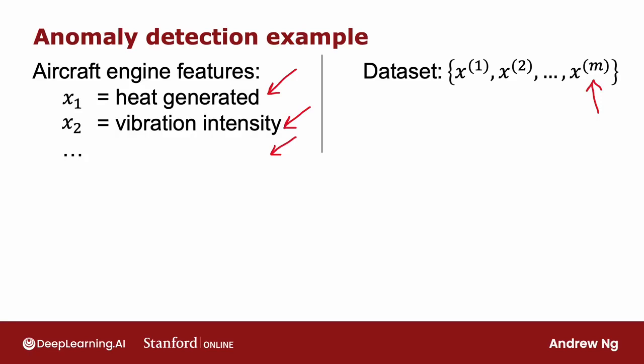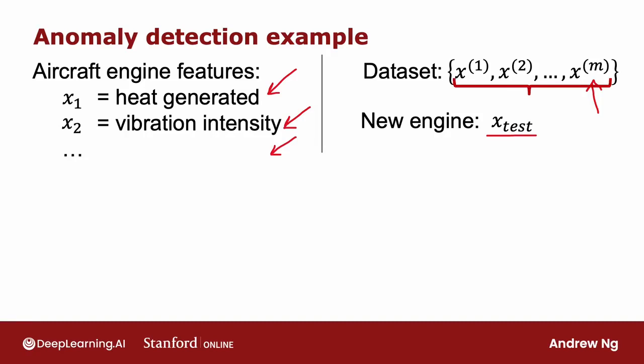And the anomaly detection problem is, after the learning algorithm has seen these M examples of how aircraft engines typically behave in terms of how much heat they generate and how much they vibrate, if a brand new aircraft engine were to roll off the assembly line, and if it had a new feature vector given by X test, we'd like to know, does this engine look similar to ones that have been manufactured before?